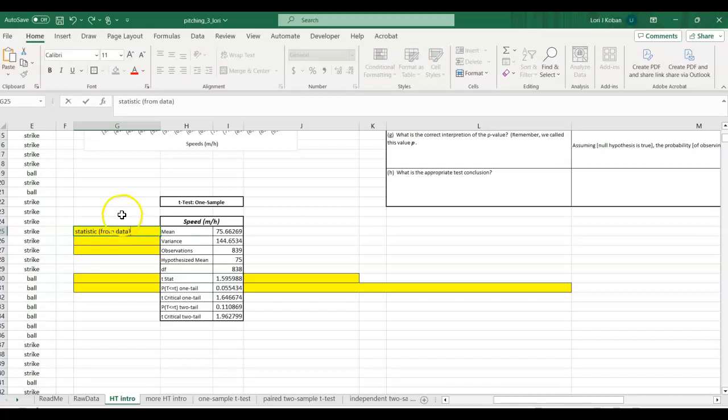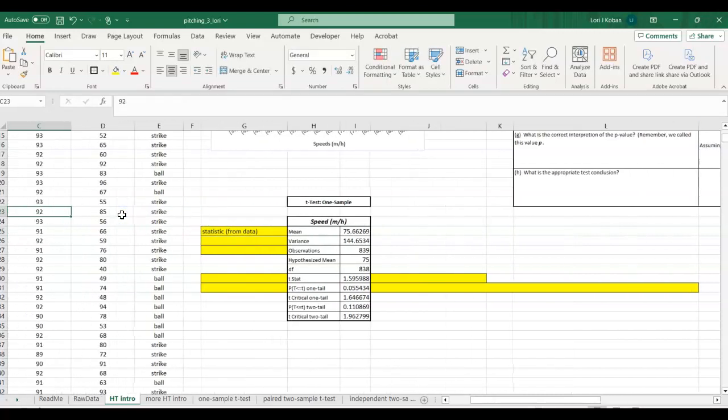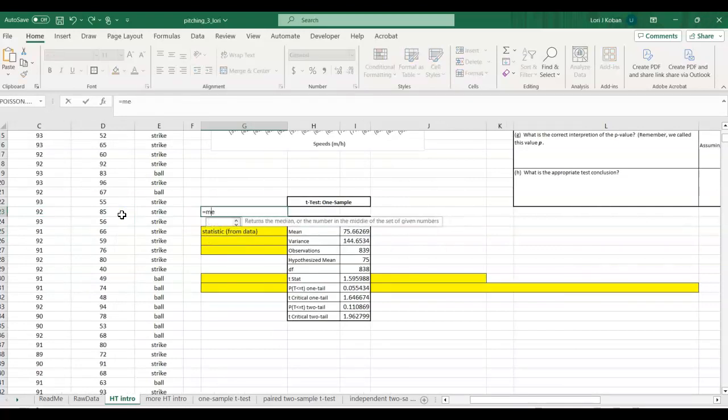So if we actually said, what column is our data in? C. So if we actually said, what is the average of column C, we would get that number. So the actual average is 75.6.